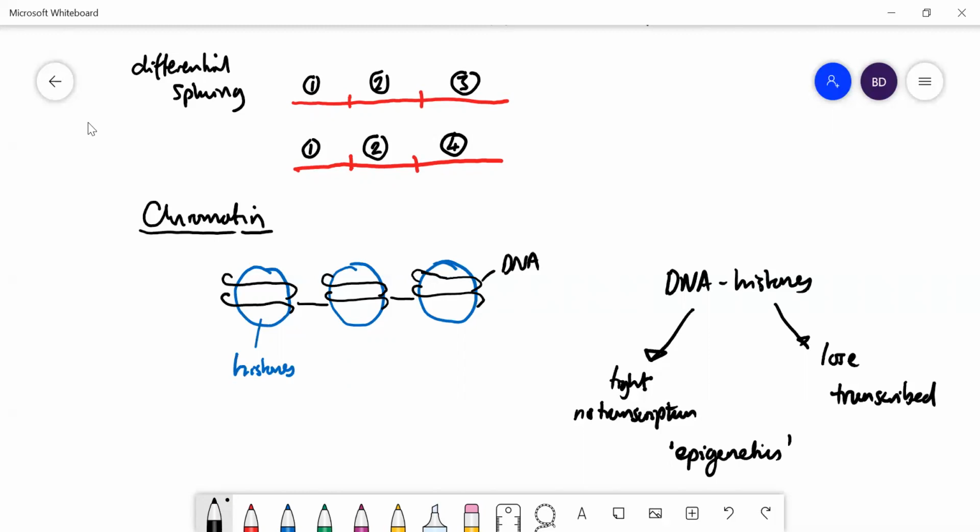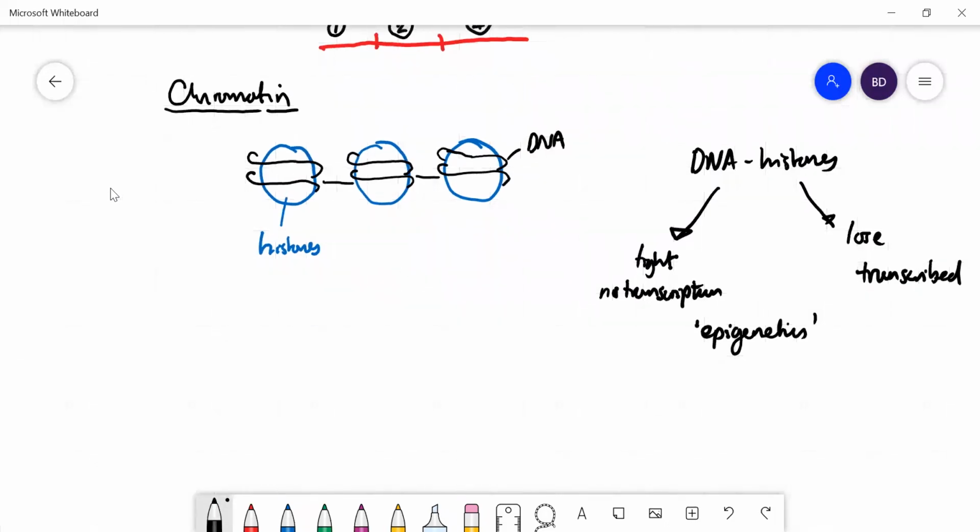Okay. Now, what we needed to talk about before we finish is there's a very large proportion of the DNA, maybe as high as 80%, and a lot of it seems to be fairly repetitive, and it doesn't code for anything.